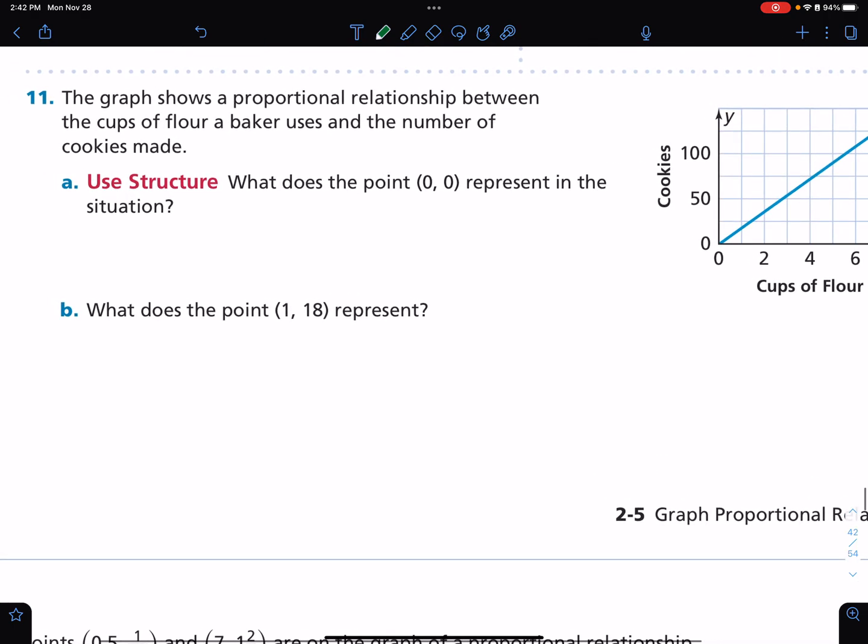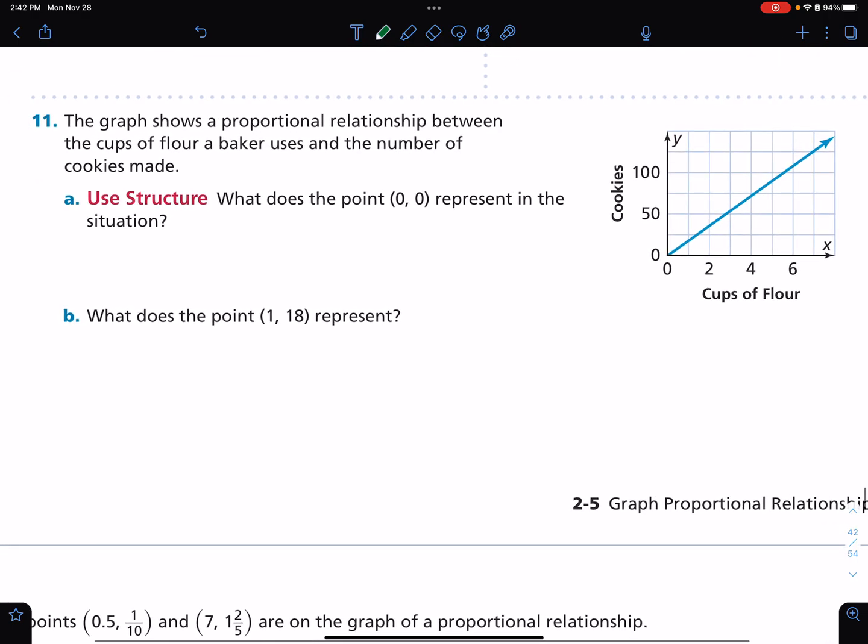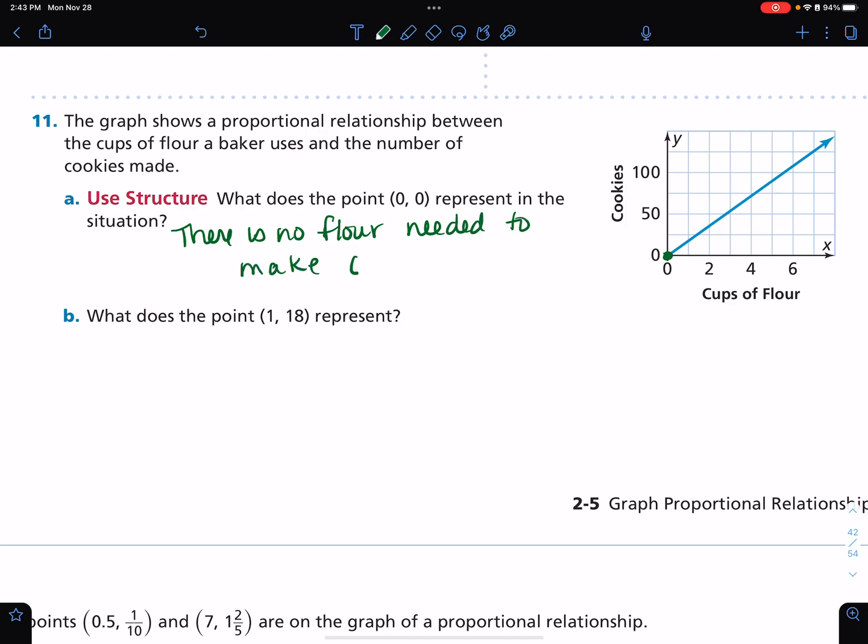The graph shows a proportional relationship between the cups of flour a baker uses and the number of cookies made. What does the point (0, 0) represent in the situation? There is no flour needed to make 0 cookies.